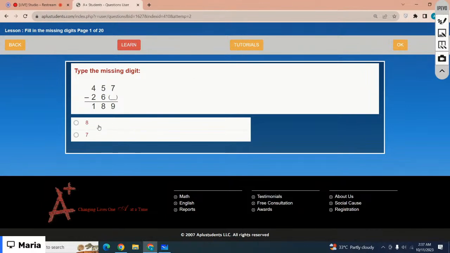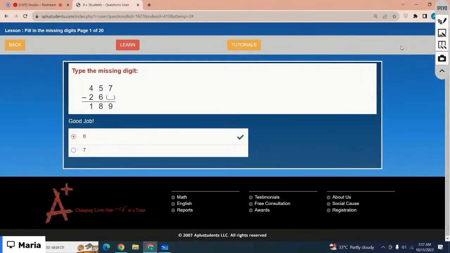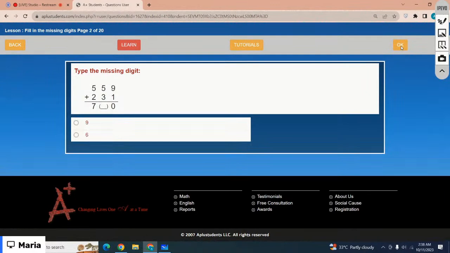The missing digit is, here you have 9, right? That means you borrowed. 117 minus 8 is 9. Very good. The correct option is 8. Okay, type the missing digit. You are adding. Which digit is missing?